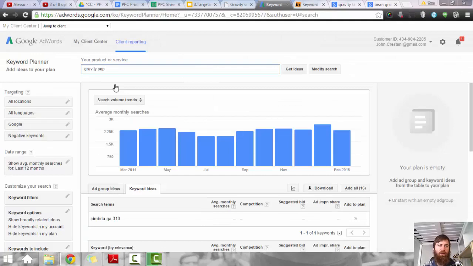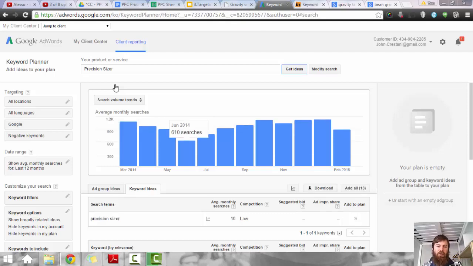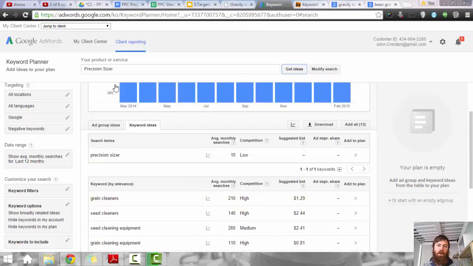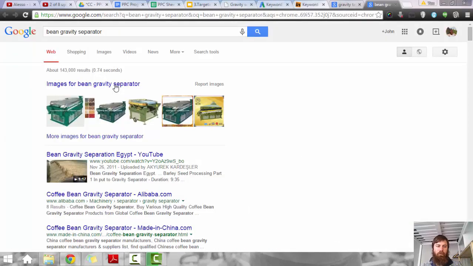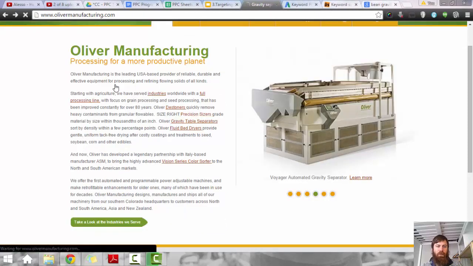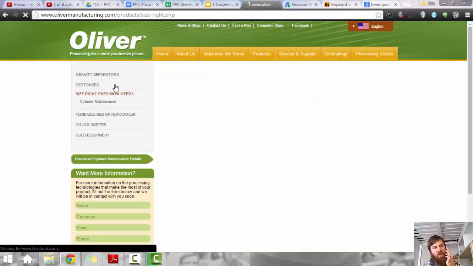And then we just do the same thing. Hope you're getting the idea of how this works by now. Precision sizer. We'd want to go to that sheet, size right, precision sizers.